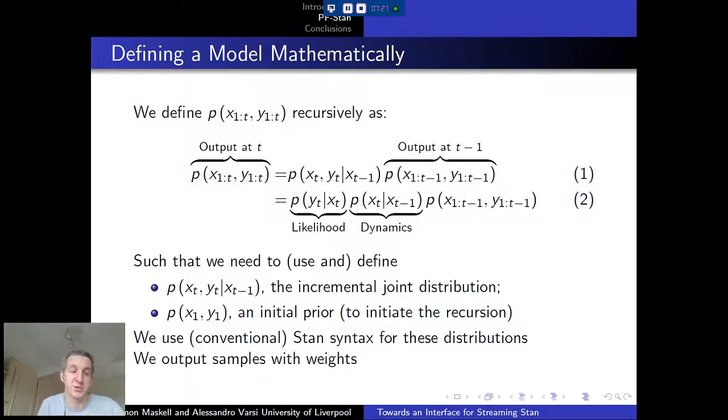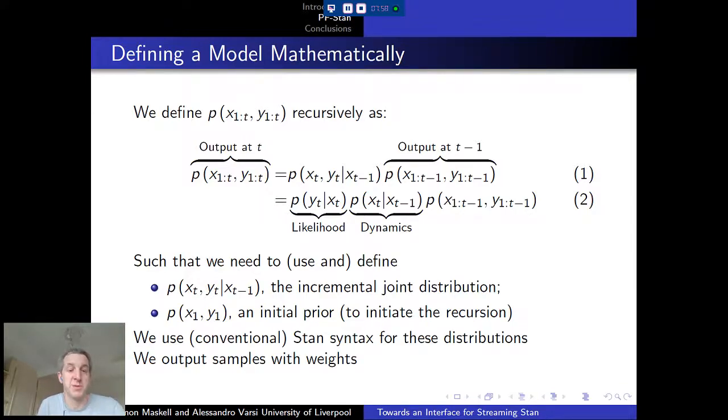And we also need to kick the thing off into action, so we need an initial prior to initiate the recursion. We can use essentially conventional STAN syntax for these distributions, as I'll go on to show you. What we output at each time step t is samples and weights that represent p(x_t given y_{1:t}), the thing we want to know about.